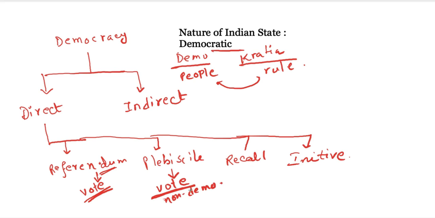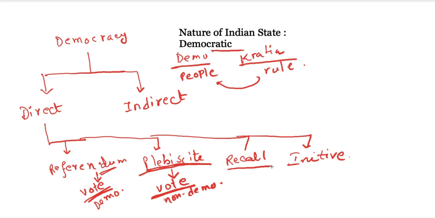But referendum always happens in a democratic environment. You have seen that generally when Donald Trump came in power, California wanted to go out of the American Union. So that is a plebiscite. Plebiscite decides, for example, whether a state will be in a particular country or will form a new independent country.